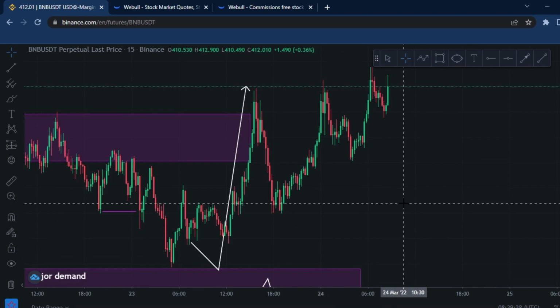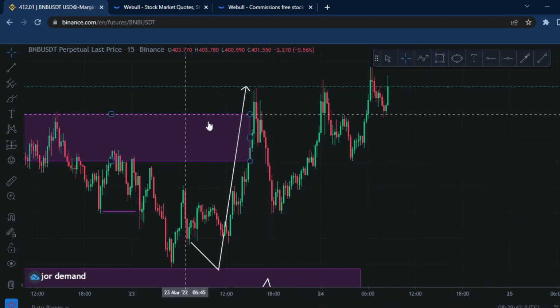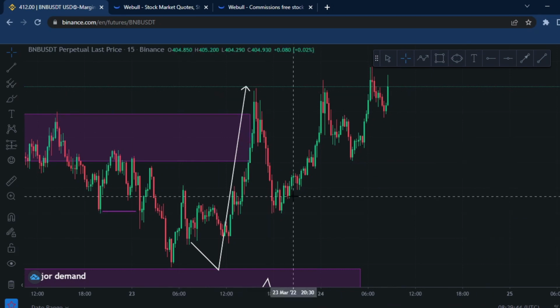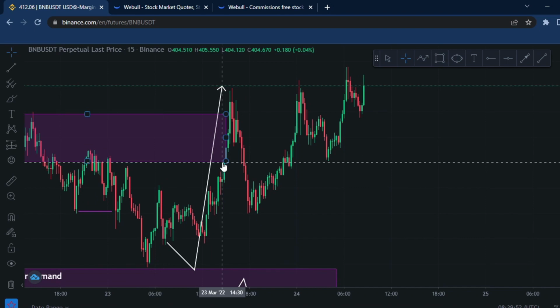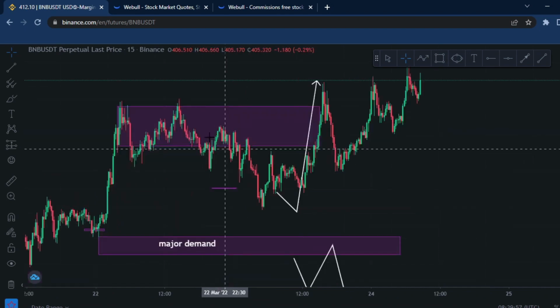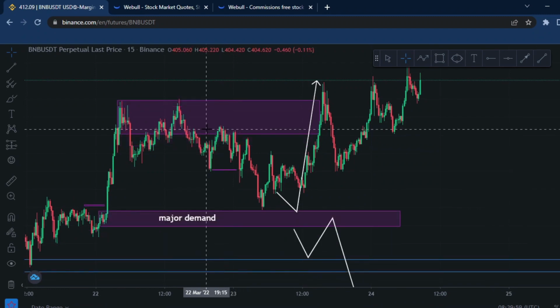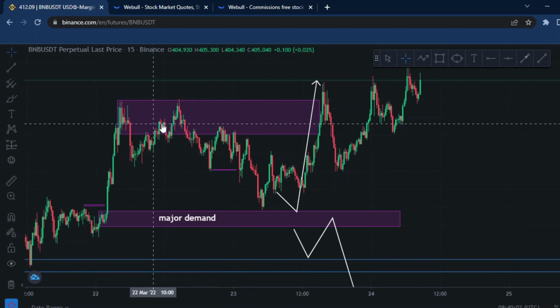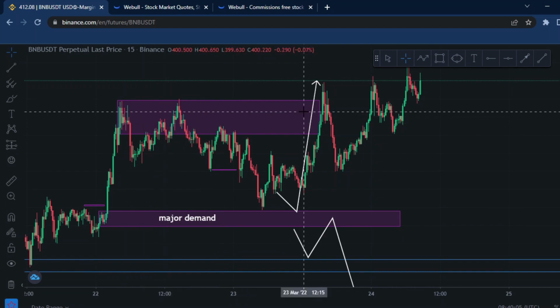So let me see. Given that the market is now going up, remember we said that if the market was to bounce off this region the way it has bounced off, and then it is going up, then it would be creating new structures, because initially this was an area of supply, or an area of resistance, whereby prices were resisting this region, and then they tested this region.